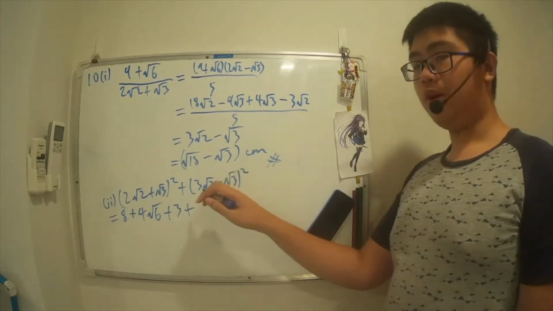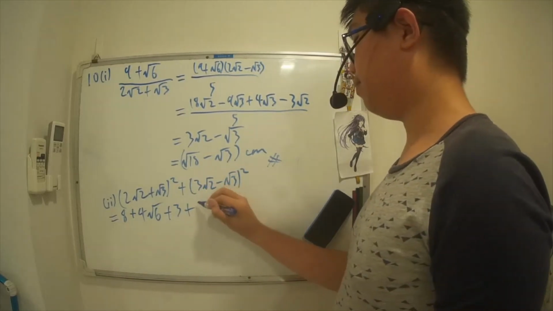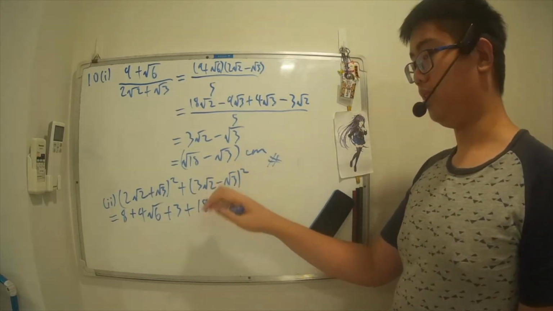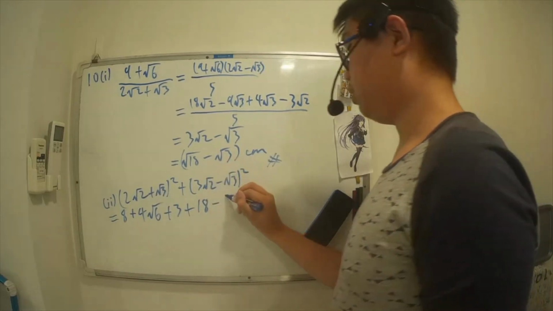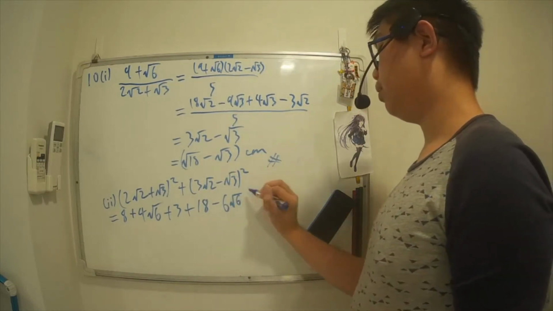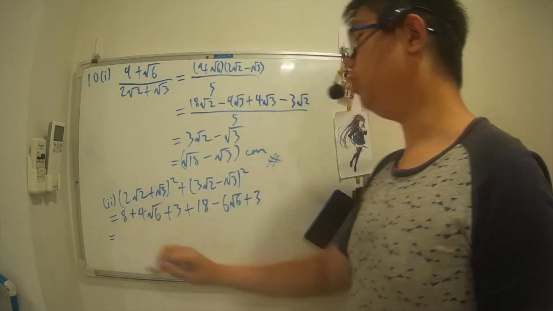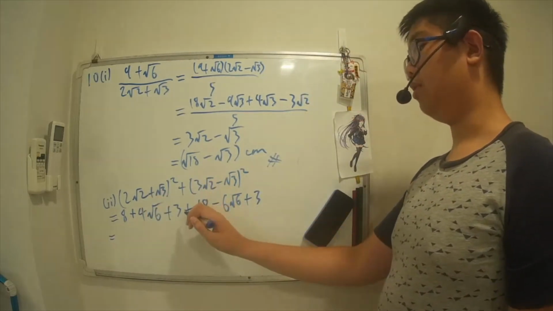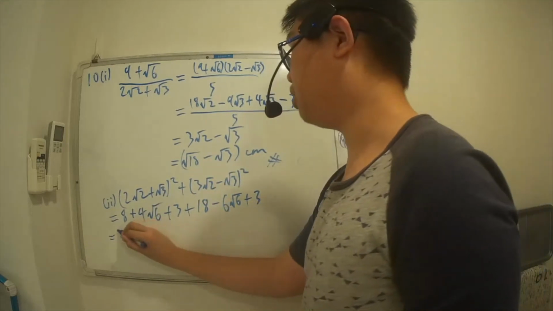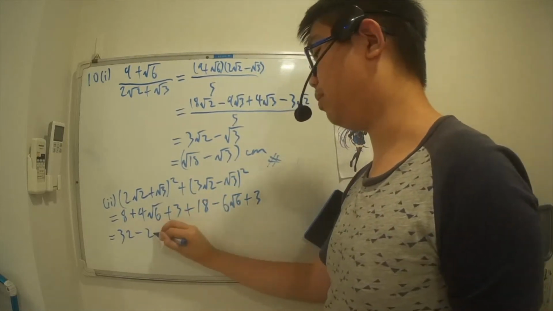Then we have a squared, which is just 18, right? Minus the 2ab. So this is 6 square root 6. And then plus the 3. Okay? And this is equal to, so this is 11, this is 14, this is 32. 32, okay? Then minus this, so minus 2 times the square root of 6.